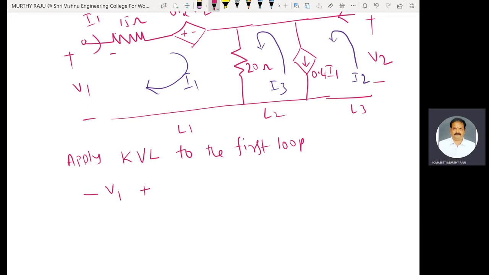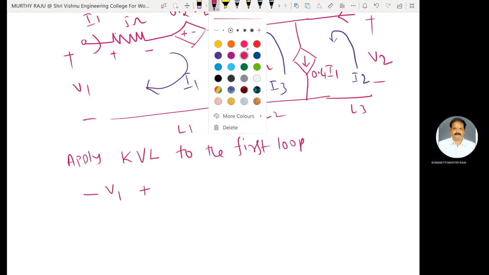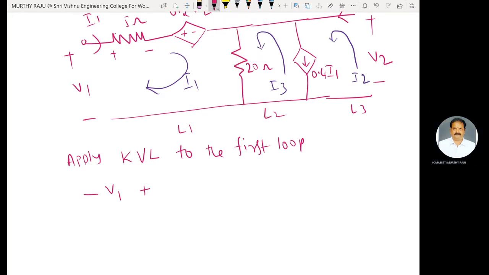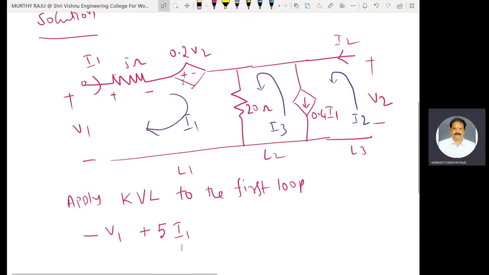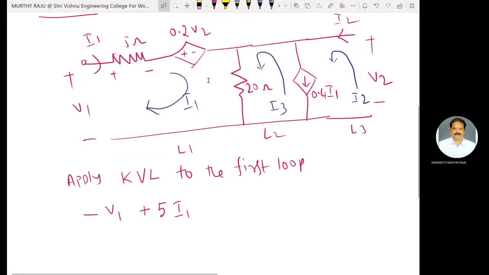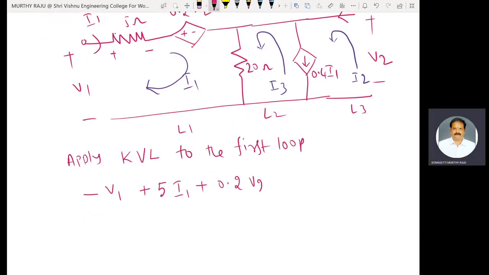This one is a plus minus plus. This one is the 5 ohms, not 15 ohms. This one is 5 ohms. 5 into I1 plus 0.2 V2.